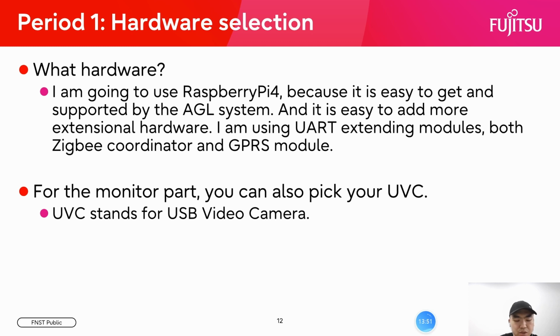I will use serial communication to add more external devices, which include the ZigBee coordinator and the GPRS module. In the monitoring camera section, you can choose your favorite USB camera.